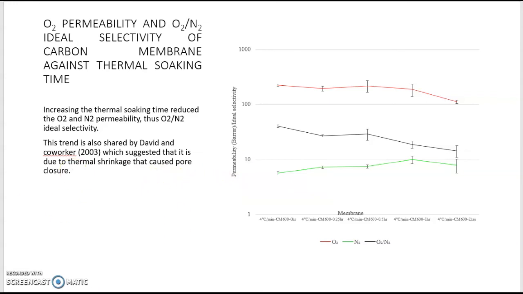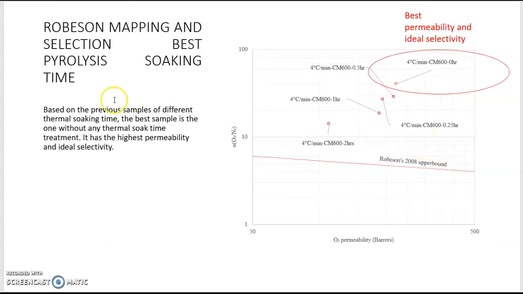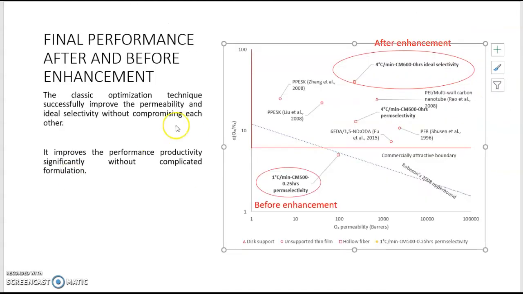And so when we plot all these samples onto the upper bound, you can see that the best performance is when we don't apply any thermal soak time on the carbon membrane. As you can see here, without the thermal soak time, it is very superior in terms of permeability and also selectivity.